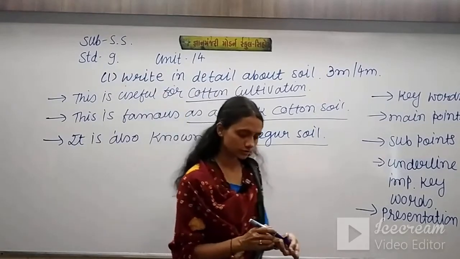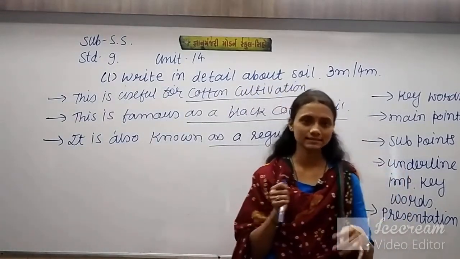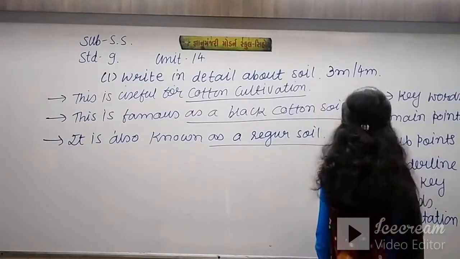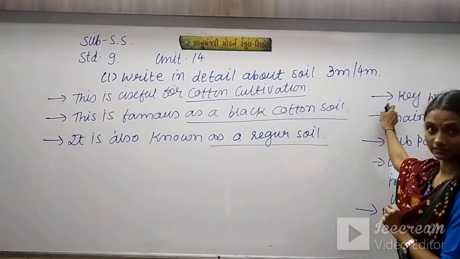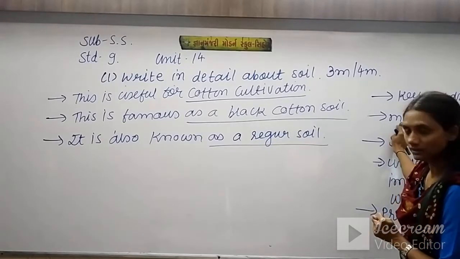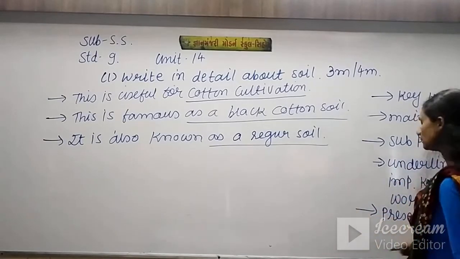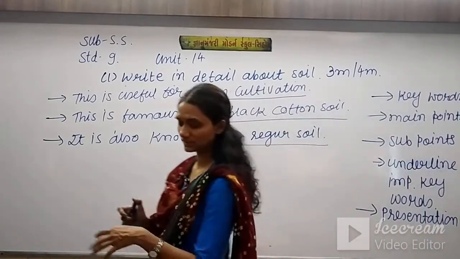So this way, students, you have to write answers in the SS subject. First identify the keywords, then go for the main points, that is the soil, then go for sub-points, underline keywords, and most importantly, presentation.